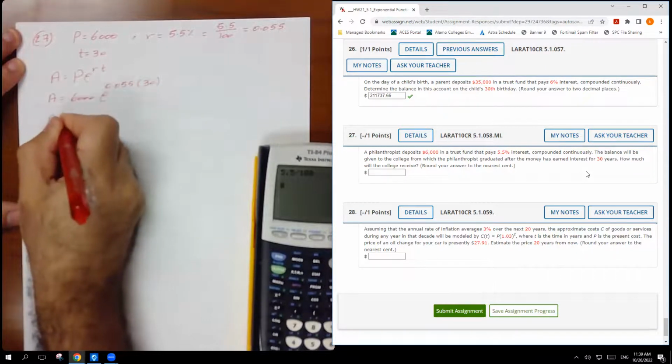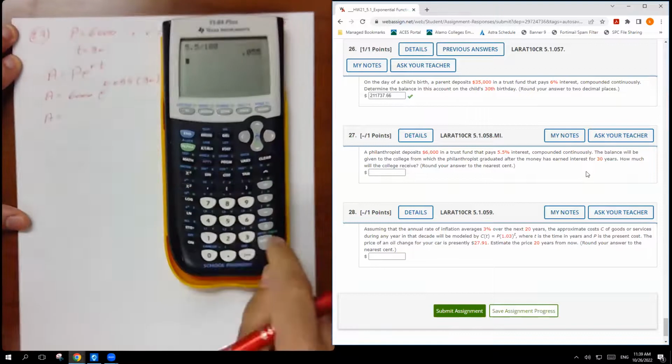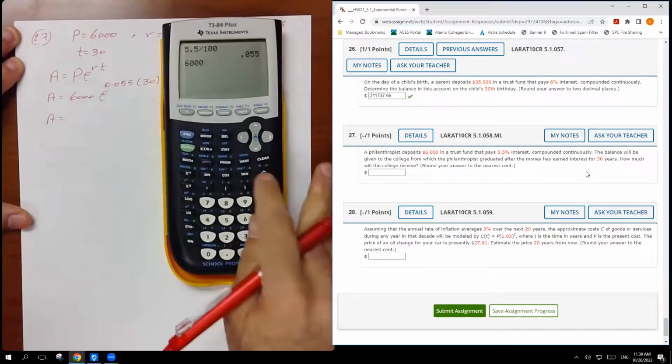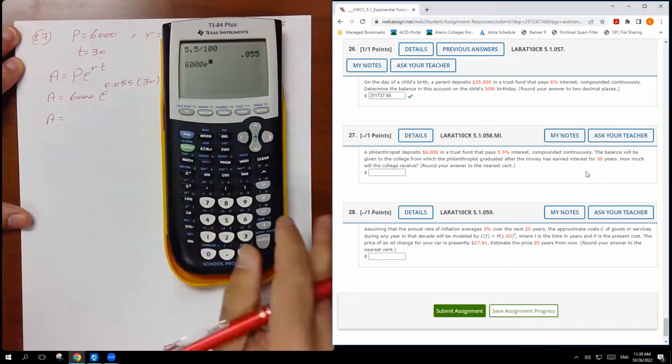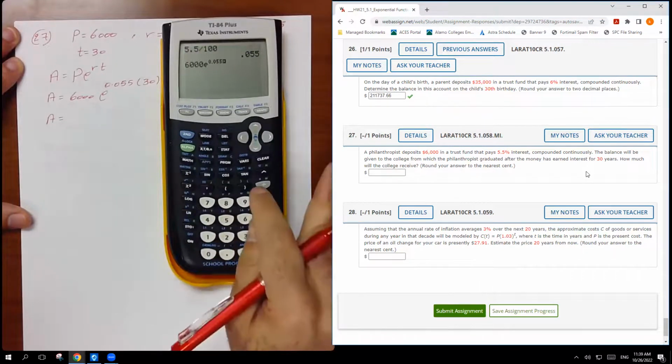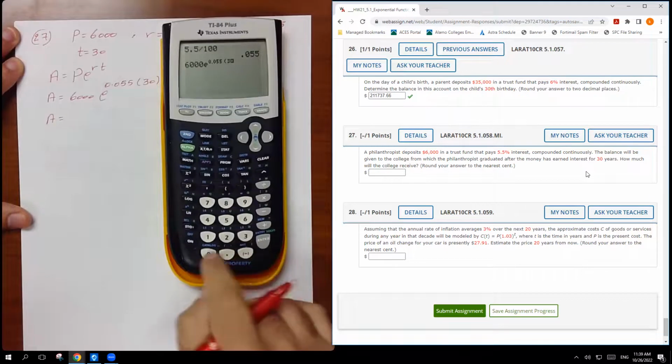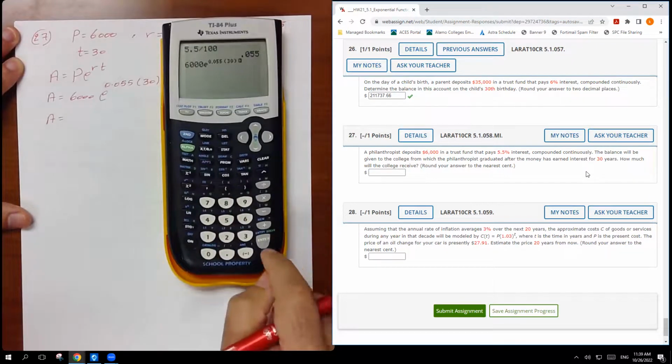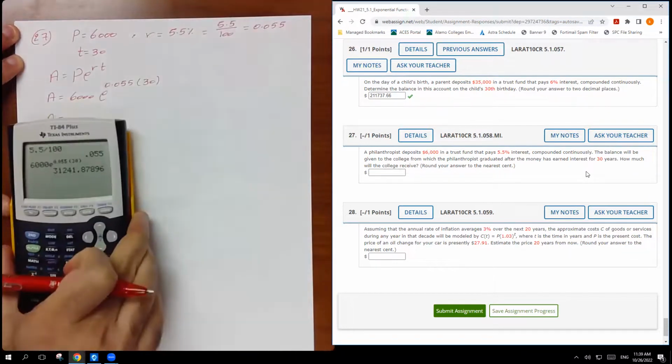That means the balance is going to be 6,000 e to the 0.055 times 30. How much is that going to be?